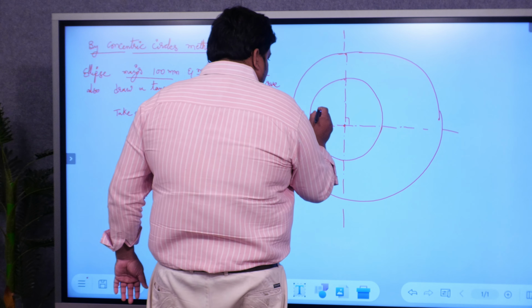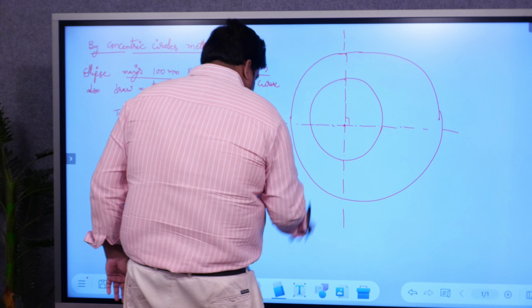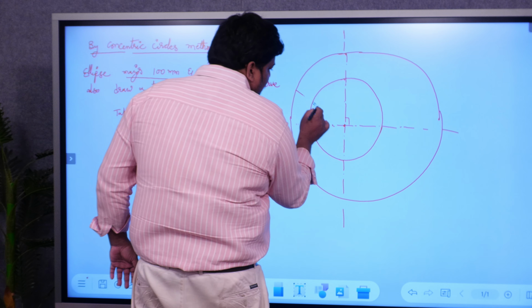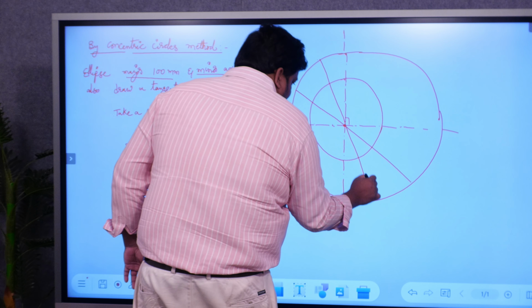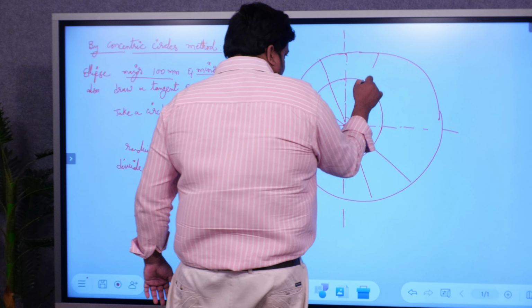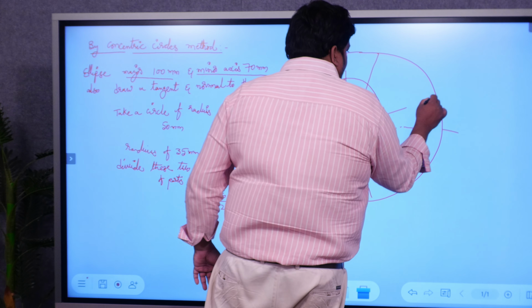Placing the set square in this direction and dividing the circle into 12 parts. This is the first angle, 30 degrees, next 60 degrees, next 90 degrees, next 120 degrees, next 150 degrees.